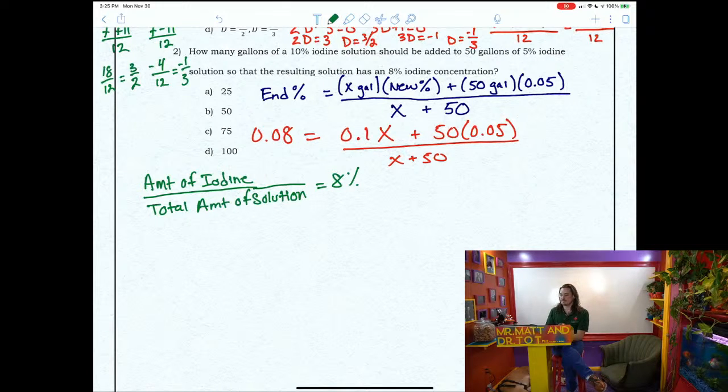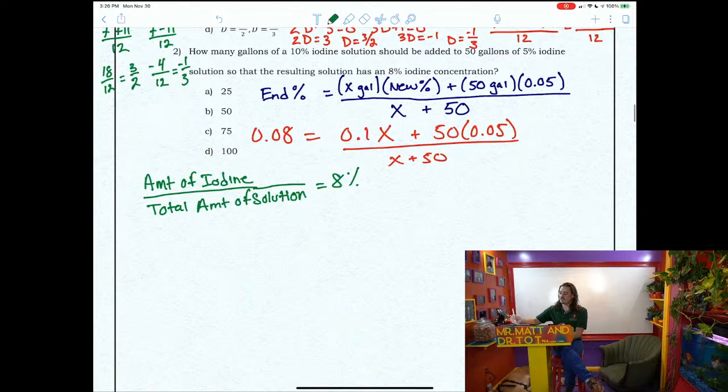So X times 10%, or 0.1, plus 50 gallons times a 5% concentration will give you the amount of gallons of iodine that are in the old solution at the 5% concentration. If you divide that by the X number of gallons that you're going to add, plus the 50 total gallons that you already have, that will give you a weighted average set equal to 8% that you can then solve for X with.